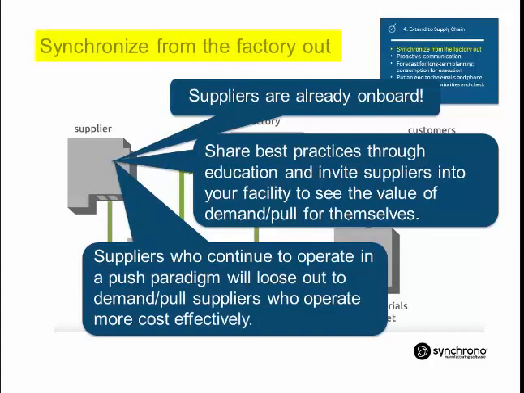Ultimately, they're just going to keep a pile of inventory sitting there, waiting to send you product on a demand-driven basis, right? And sooner or later, something's going to have to give as far as that supplier goes, because them keeping all that inventory and running in that old paradigm of push manufacturing is ultimately going to cost you more. And I wouldn't be surprised if at some point a manufacturer who's a bit further down the path of demand-driven is going to be able to come in and way outperform them.